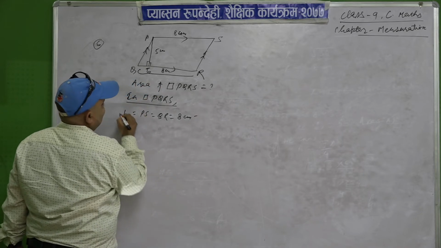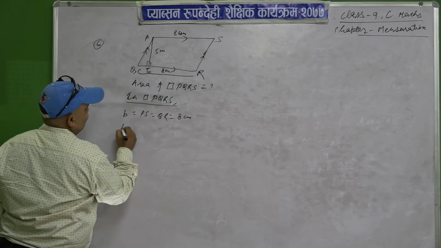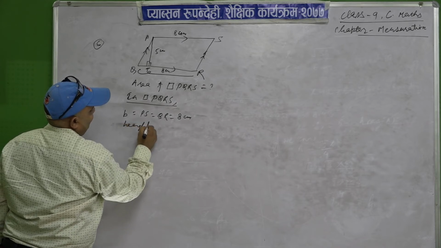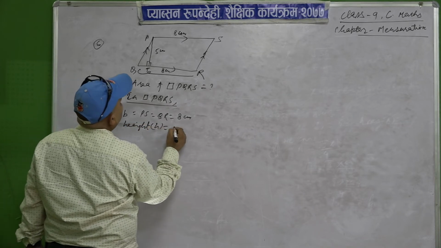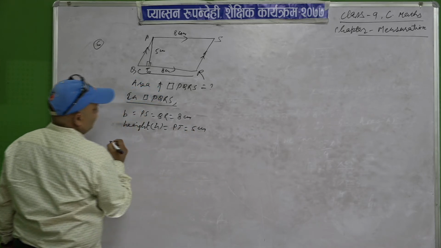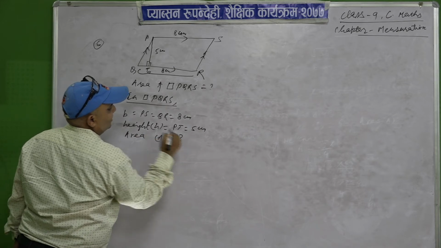This is the base, and then the height, H is equal to PT is equal to 5 centimeter. We have to find out area A is equal to what.